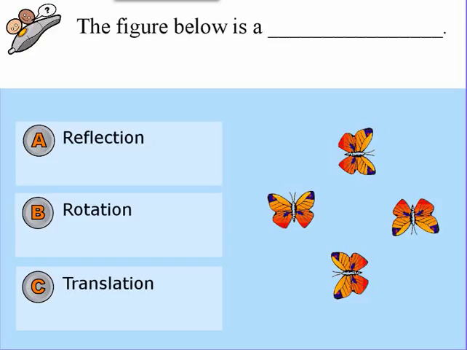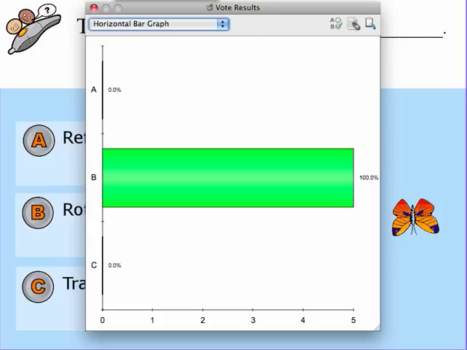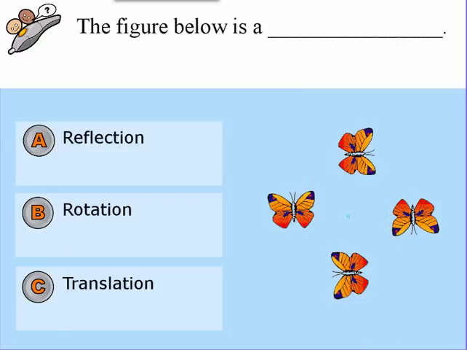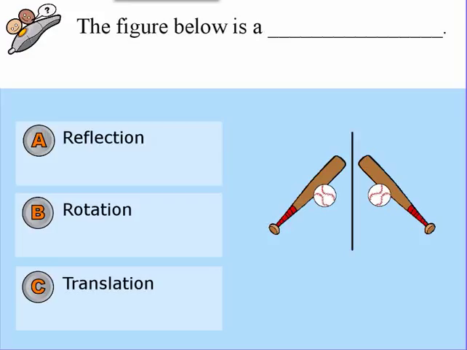Okay, next question. The figure below is a... This is going to review from what we talked about earlier. What is that figure? Good. It's a rotation. Nice job. With that in mind, let's look at the next one. What is this figure?